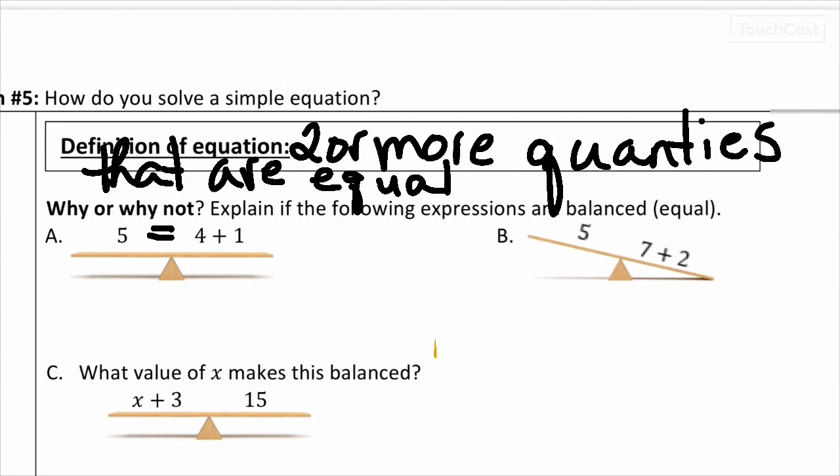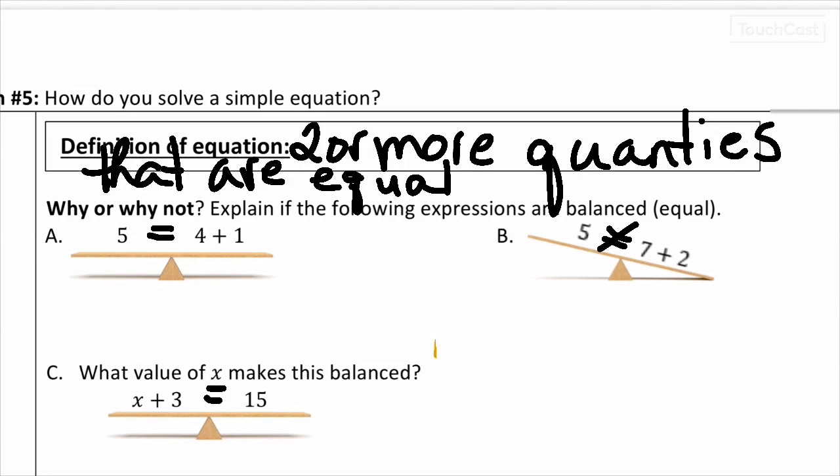And then in B, we can notice that they are not equal. They're not balanced, right? Because 7 plus 2 is definitely 9, which is 4 bigger than 5. And then here, we can start guessing, what will it take to make these two equal? Well, if I have to get 15 and I need to add 3 to it, then it makes sense if I take 3 away from 15, that should tell me.